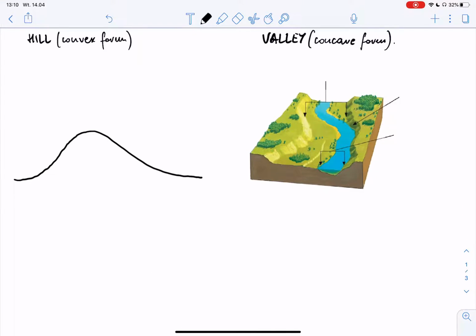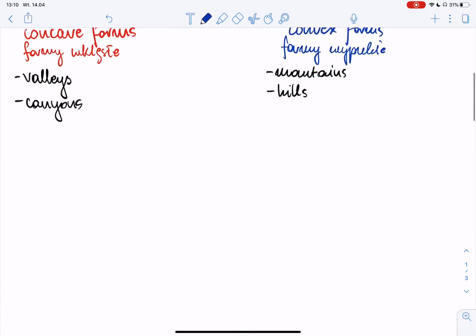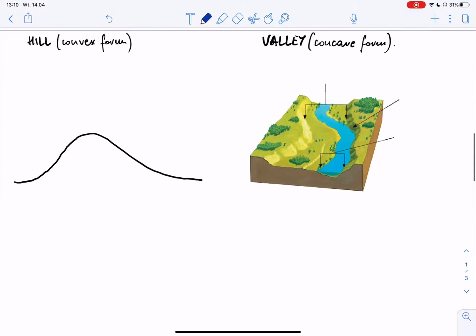And guys, they have a few elements that can be distinguished. Let's start with the convex form, which is a hill.